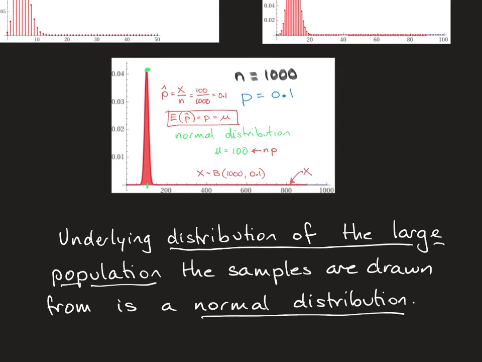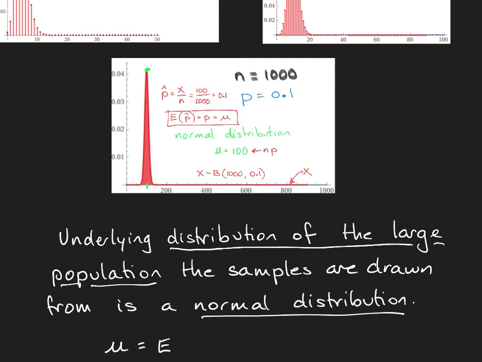So the larger the sample we take, the more it's going to look like the population that it's coming from. And we've shown that when you're finding a binomial distribution in your samples and you get really large samples, it actually starts to look like a normal distribution.